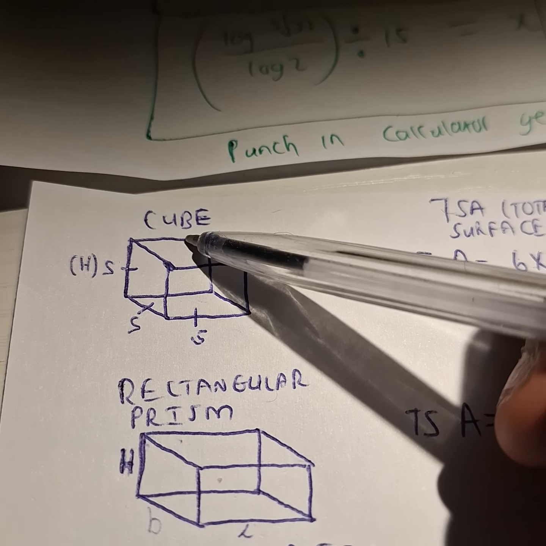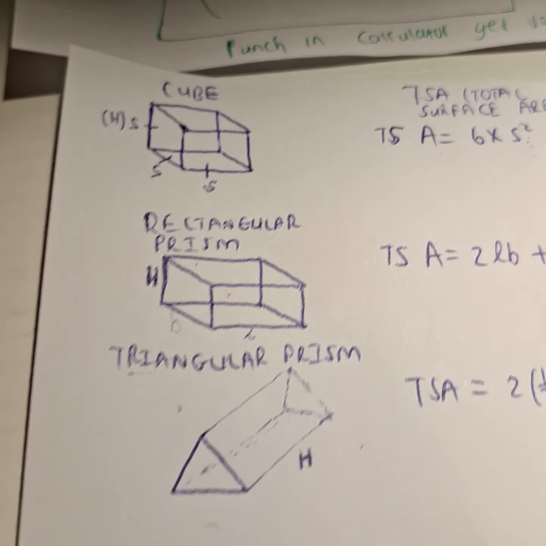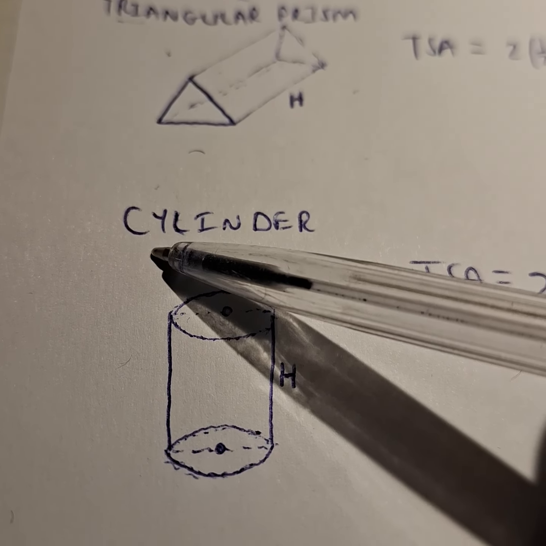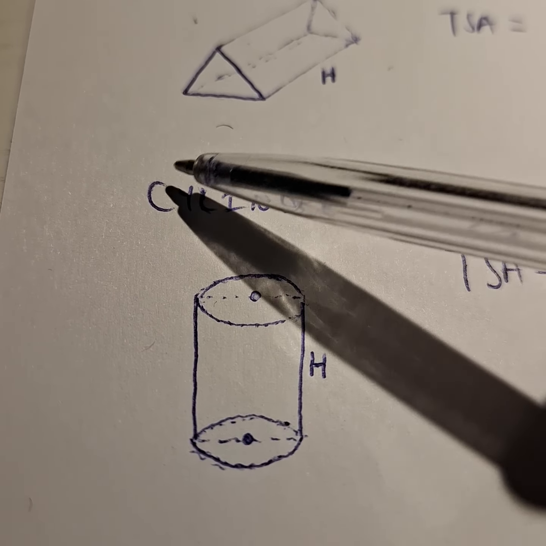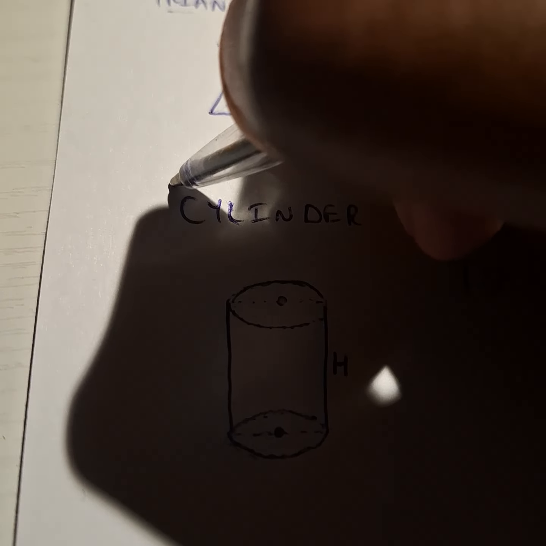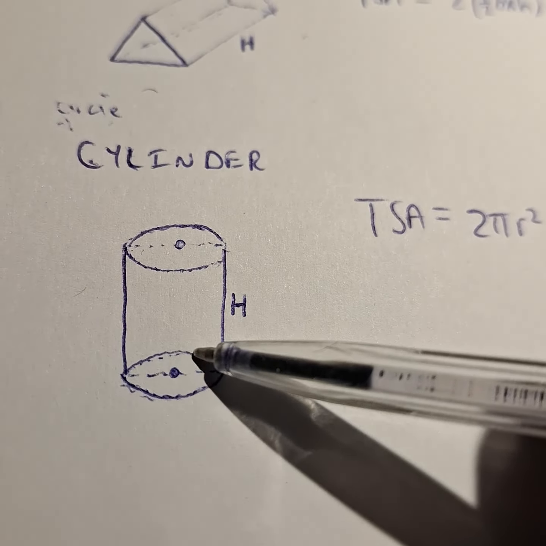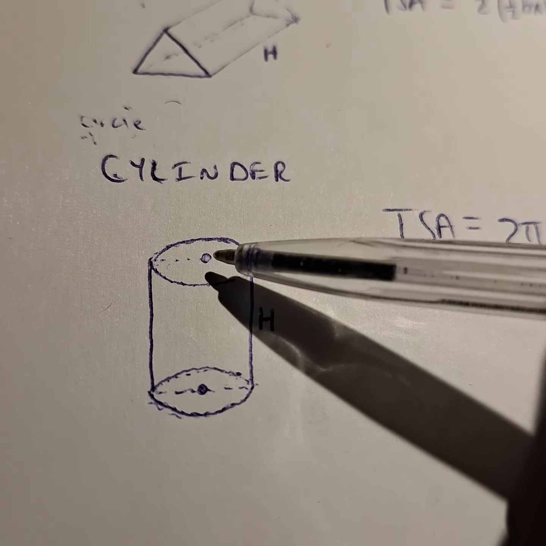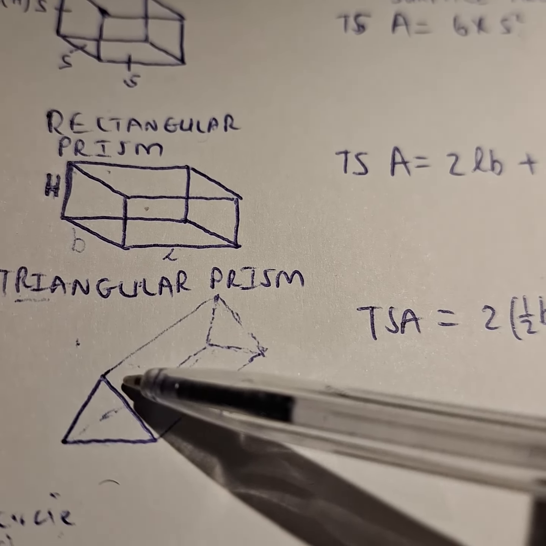The fact that this is a cube and we know that it's made of square faces, it means that the base must be a square. Cylinder, we know that the base is a circle and there's this identical or congruent circle at the top.